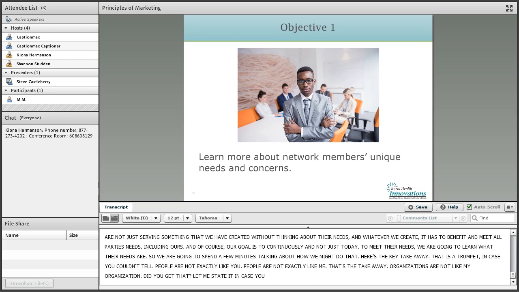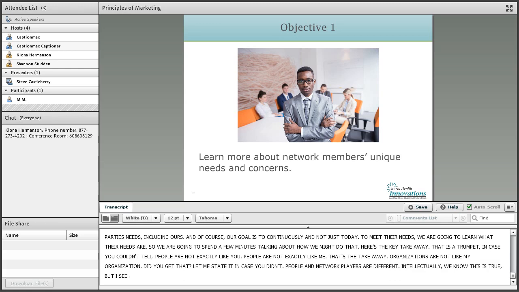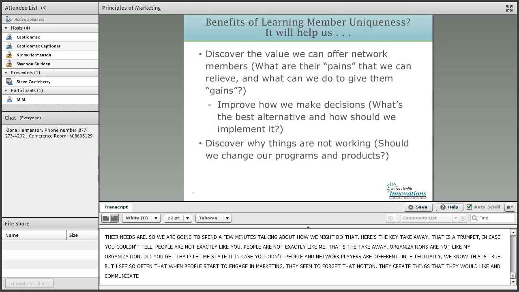Let me state it again in case you didn't. People and network players are different. You know, intellectually, we know this is true, but I see so often that when people start to engage in marketing, they seem to forget that notion. And they create things that they would like and communicate the way they would like to be communicated with. And that's not what we're all about as marketers.